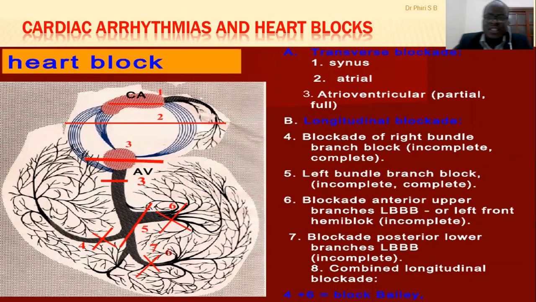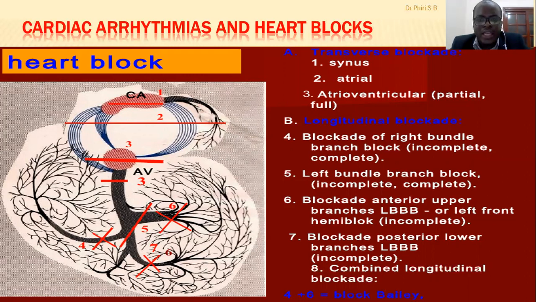So in general, this is just a slide summarizing different types of heart blocks depending on which structure is being blocked and what type of block it is, whether it's a transverse blockade, a longitudinal blockade, or a combination of different types of heart blocks.